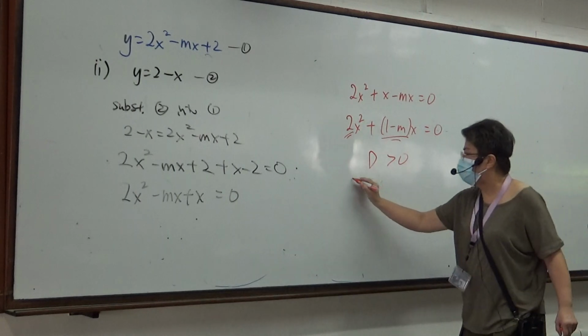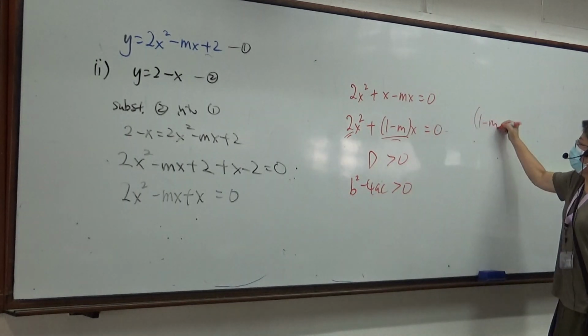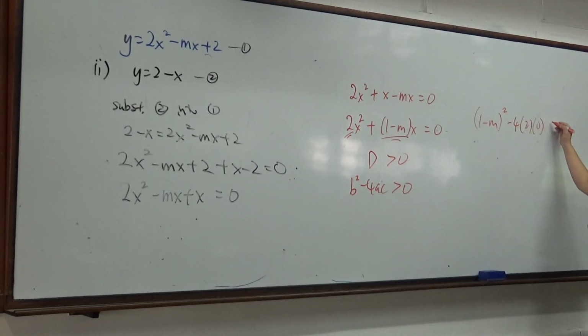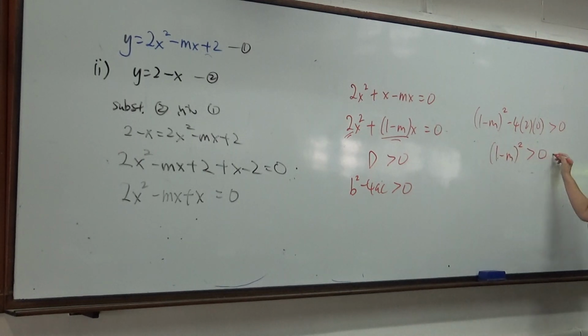So, b squared minus 4ac must be bigger than 0. This one squared, minus 4 times 2 times 0, must be bigger than 0. Okay? Yes or no? So, I will have (1 minus m) squared bigger than 0. Am I right? Yes or no?